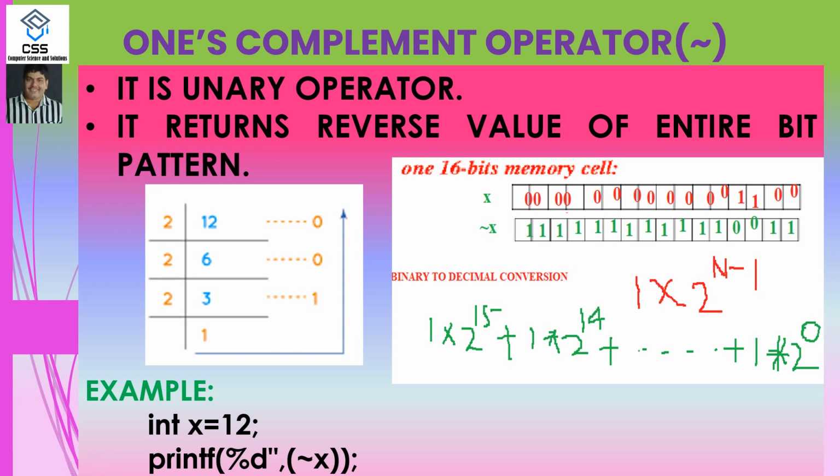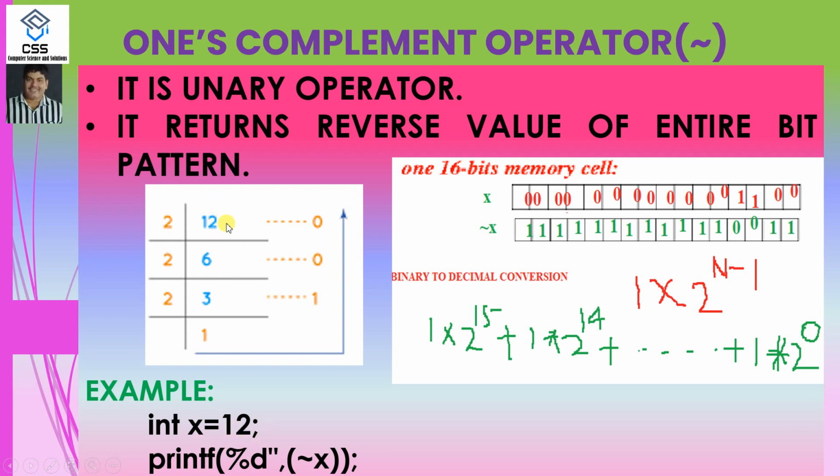We try to clarify how this bitwise ones complement operator works. Suppose I take one integer variable x whose value is 12. The computer does this automatically, but we try to understand how this ones complement works in memory.